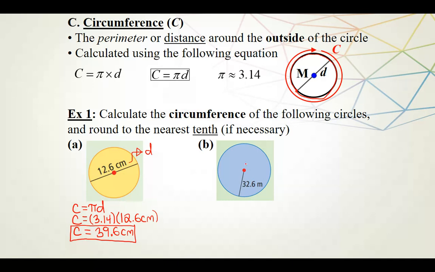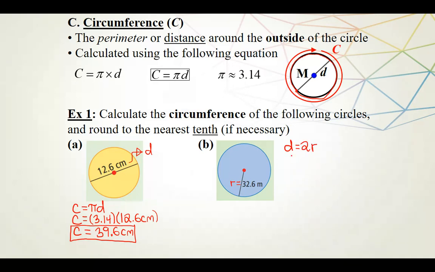For B, what I see here is a line that starts at the center of the circle and goes to the outside. So it turns out that's the radius. The problem is my equation is circumference is pi times diameter, so I can't really use the equation until I calculate what the diameter is. Fortunately, it's really easy to do that because the diameter of a circle is just double the radius.